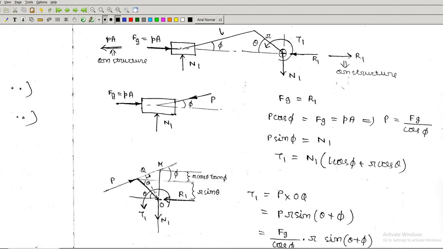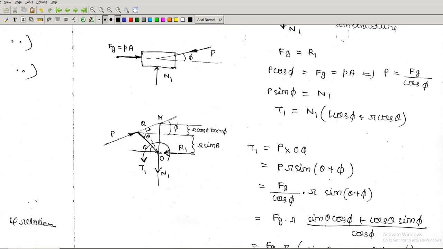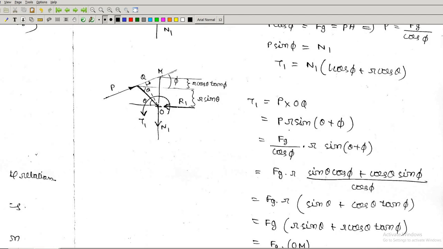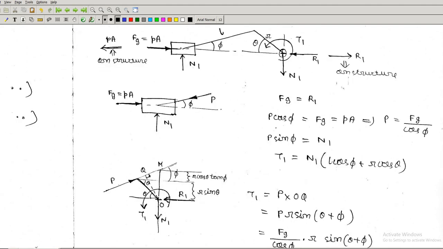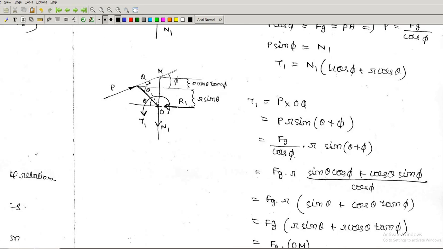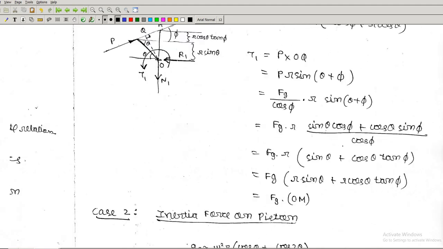So this is R. Then theta plus phi, so R sin(theta plus phi) is OQ. So P into R sin(theta plus phi). P is Fg by cos phi, which we have seen here. P is equal to Fg by cos phi into R sin(theta plus phi).